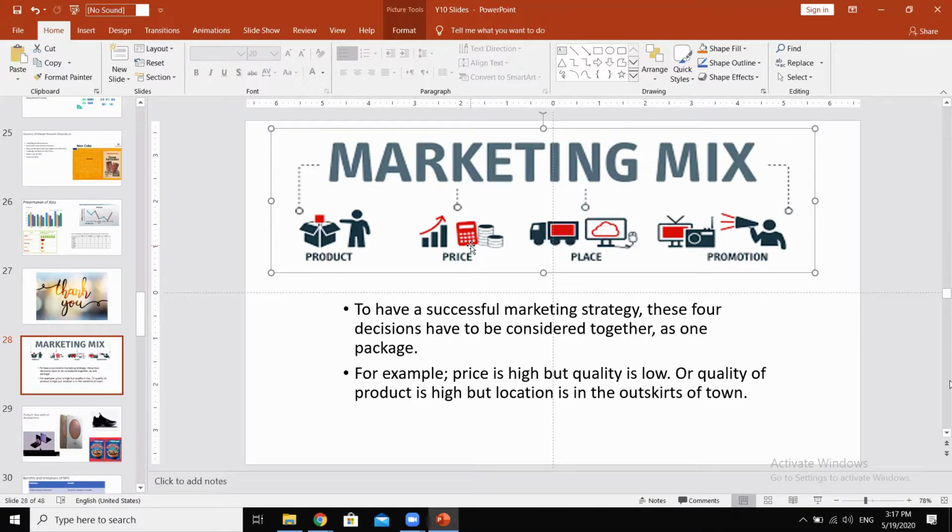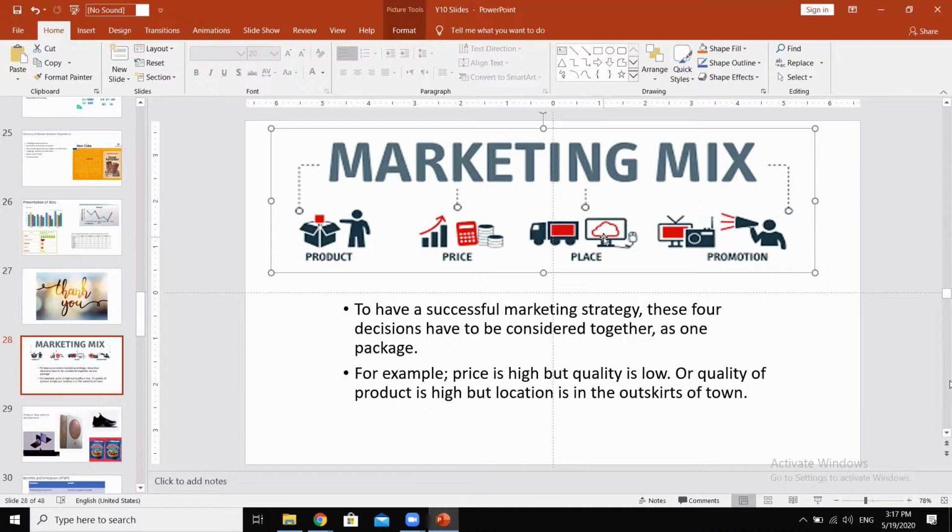It's not a good strategic decision because you ignore this aspect of it. Or your price is high, your quality is really good, but your store is in a crappy place that no one goes to except for homeless people, let's say. That would damage the image of your business, the image that you want to represent.